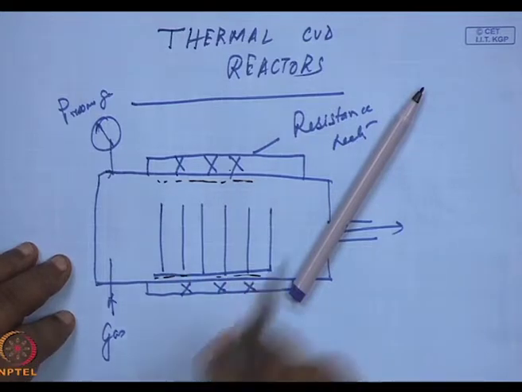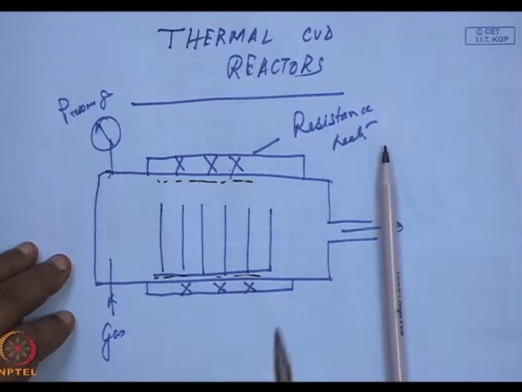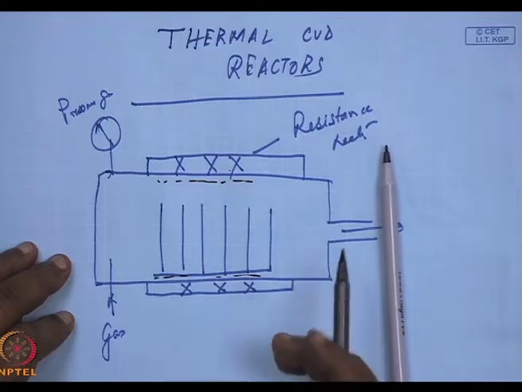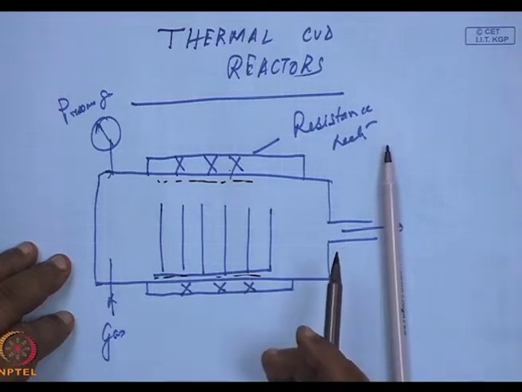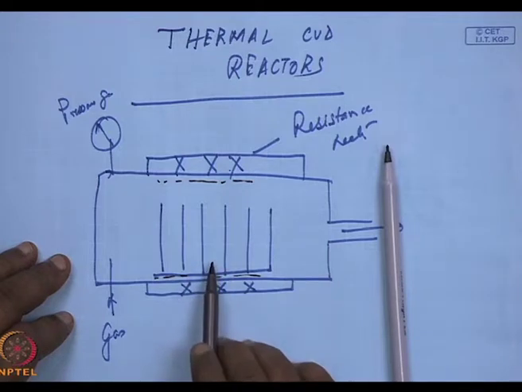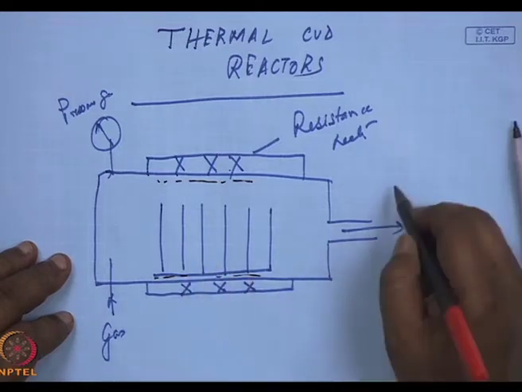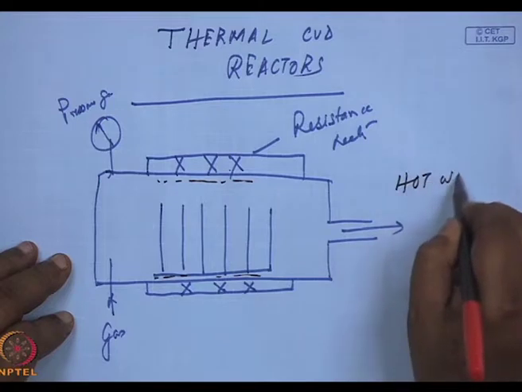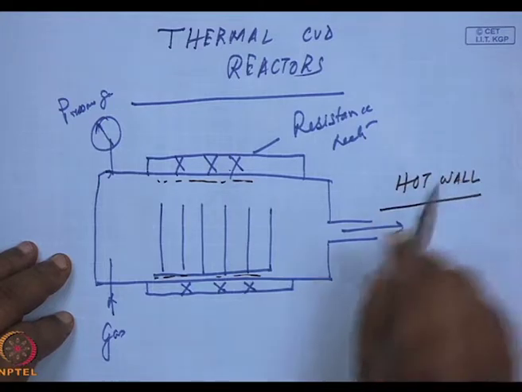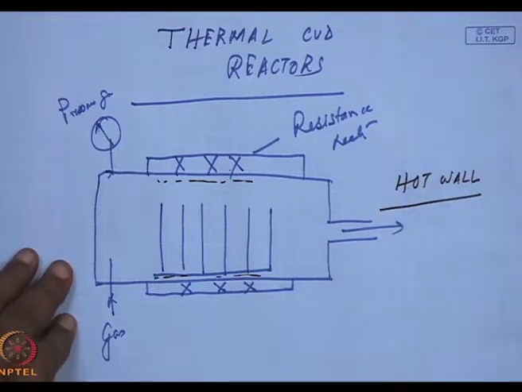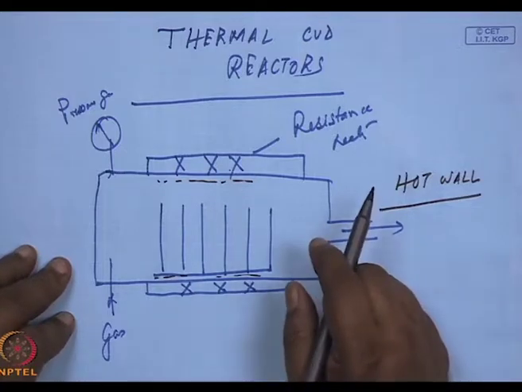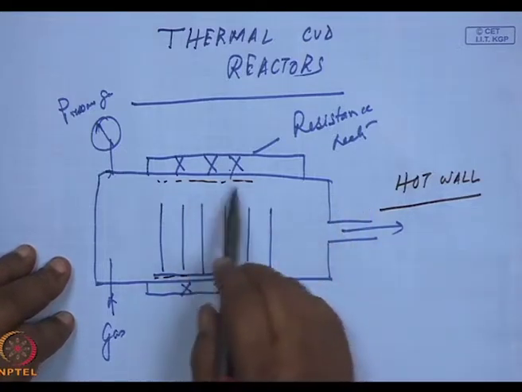So, we have a coating on the walls also, and if we are going to use this hot wall reactor, we lose a significant amount of the material to be coated to the walls.